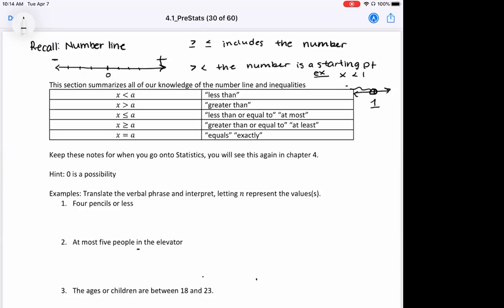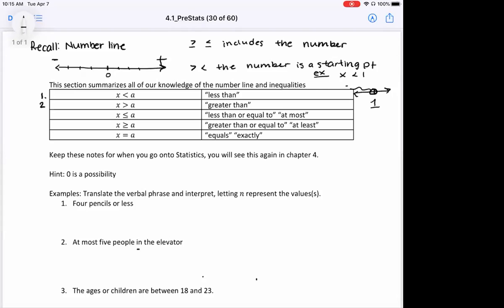All right, so this section summarizes all of our knowledge of the number line and inequalities. So first we have x is less than a. So the English phrase would be less than, smaller than. 2, we have x is greater than a. So numbers are larger than whatever number it may happen to be.